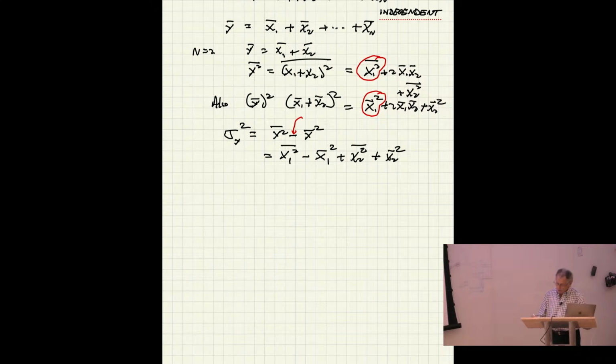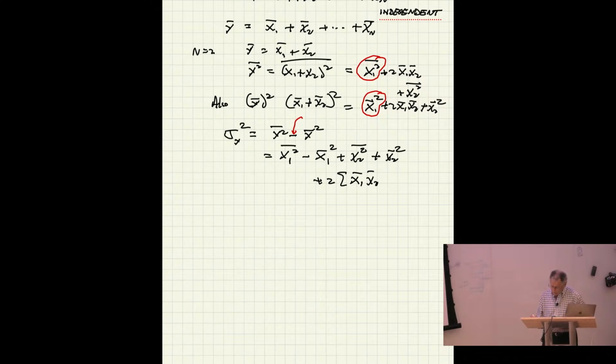And I'm left with all the rest of these two things. So I get 2 times the quantity x1 x2 bar, minus the product of the bars. Let's be careful of that common bar here.